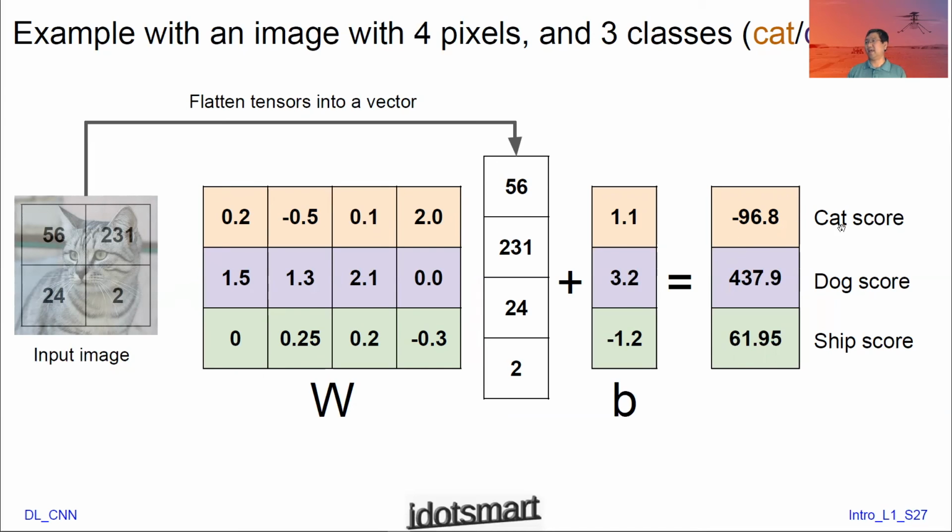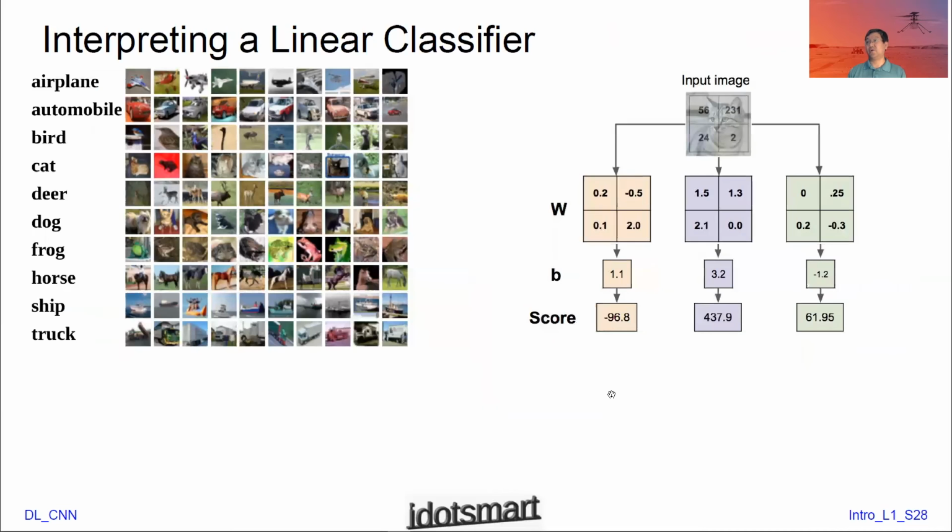We call these a cat score, dog score, and ship score, for 3 different categories. You can see that each row of the weight corresponds to each category. So you give me the input image, give me the weight, which can be obtained through training, and the bias, and we can calculate scores for each category. Whichever category has the highest score, that is the category the query image most likely belongs to.